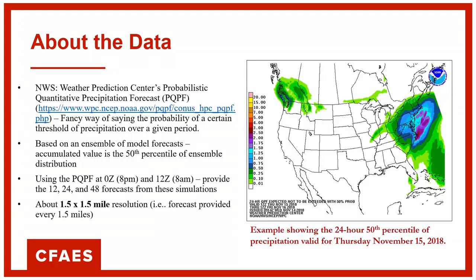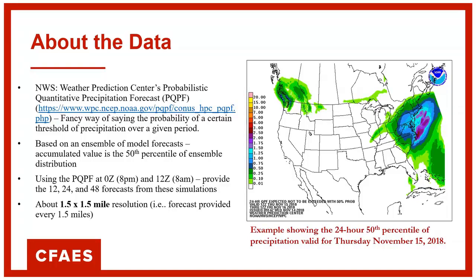You may not have ever heard of the PQPF, but you have all seen it because it is used in almost every precipitation forecast in the United States. It's not called that on the evening news because nobody wants to say PQPF. But this is where we get the chance of precipitation for daily weather forecasts.